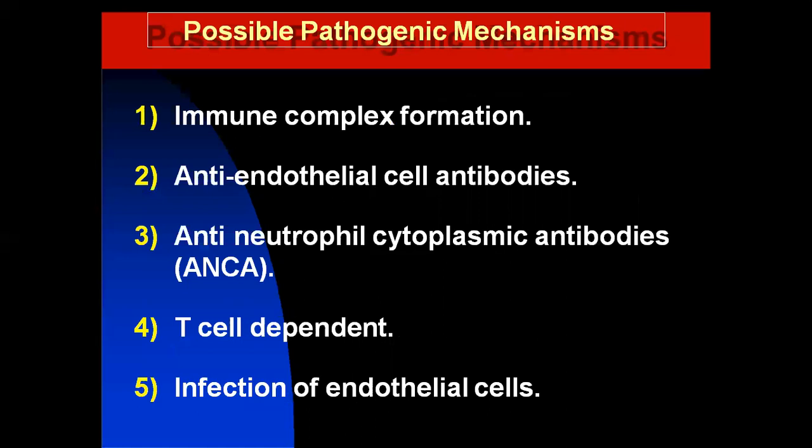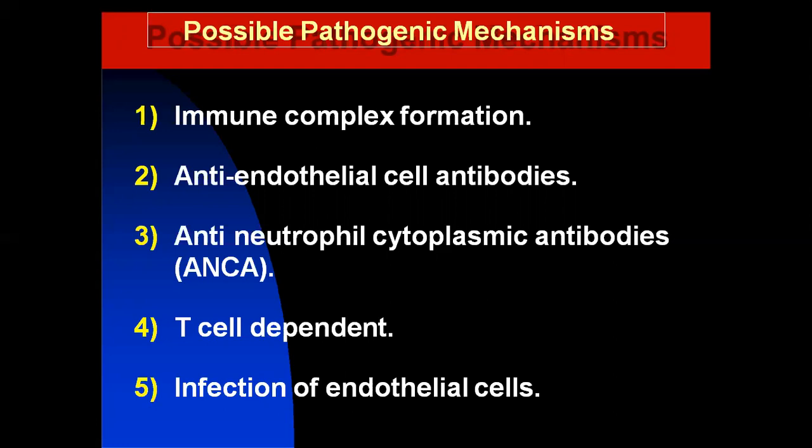So the possible pathogenic mechanism, that is, how does this vasculitis develop? One is immune complex formation. Second, anti-endothelial cell antibodies might be formed. Third, anti-neutrophil cytoplasmic antibodies may be formed. T-cell dependent inflammation may also be present.